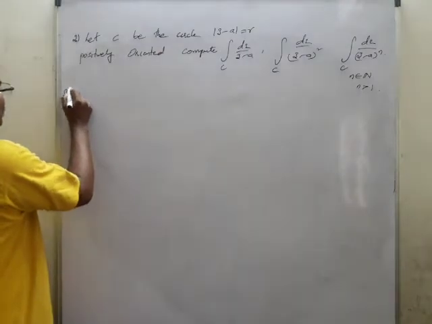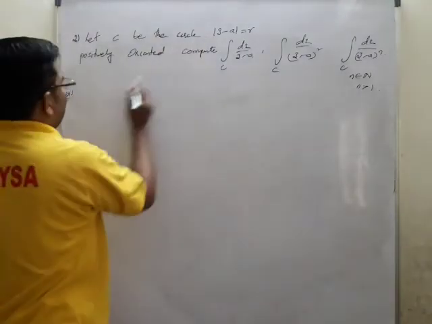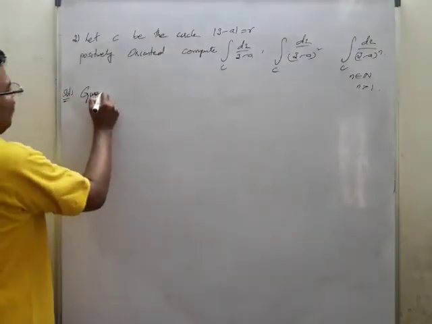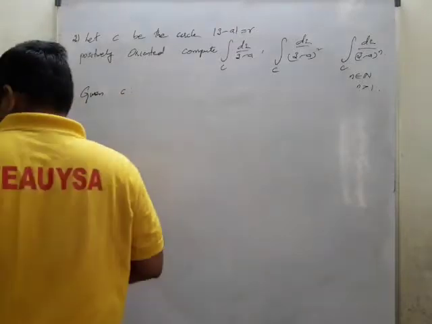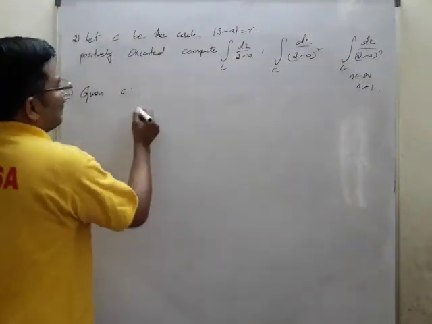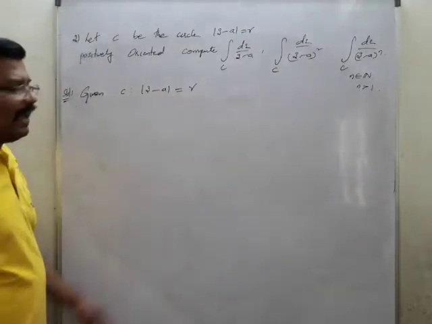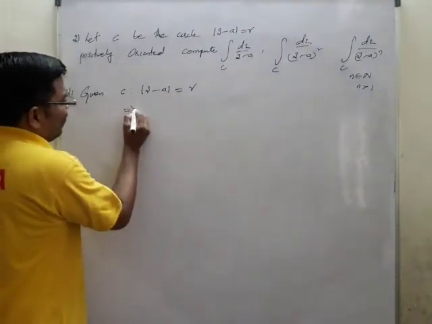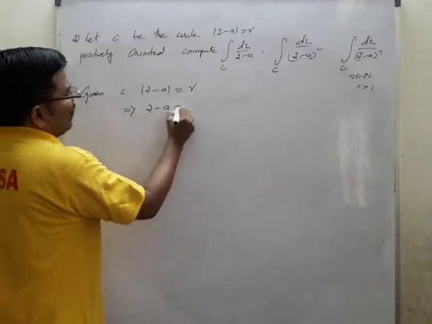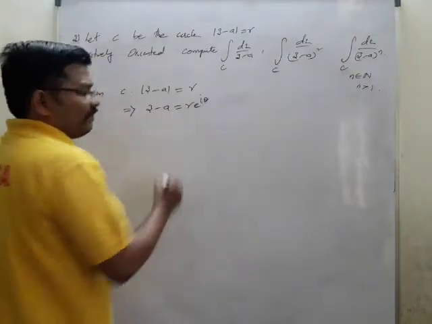Now solution. First we will take this one. Given C such that mod z minus a is equal to r. As usual, what we have done in the previous problem, z minus a is equal to r e power i theta.